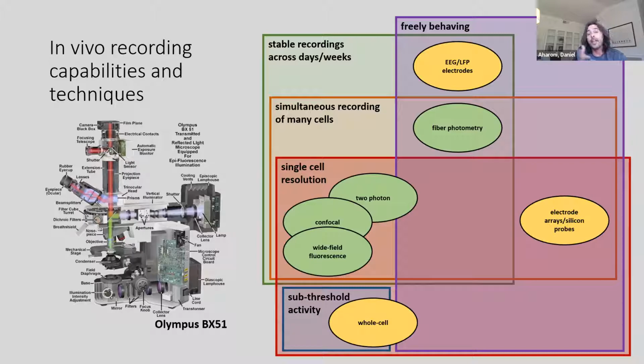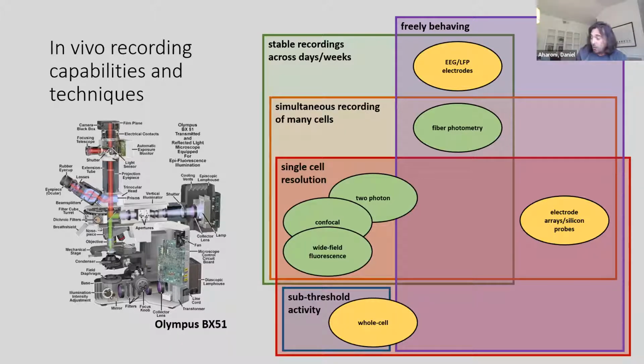Because you get not just functional activity, but also the spatial distribution of cells, you can come back day after day and identify the same cells and track the neural activity across days, weeks, or maybe even months. And over the last decade, there's been and continues to be huge improvements in these genetic reporters of calcium activity, GECIs or GCaMPs, that just get better, faster, and brighter, which is really great.